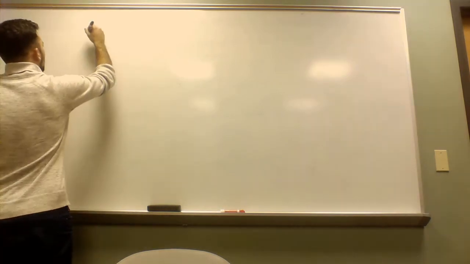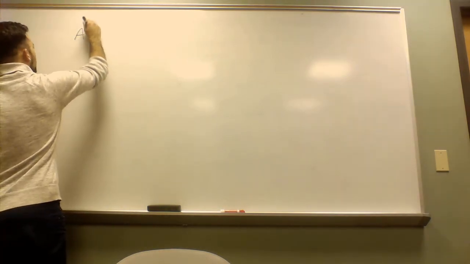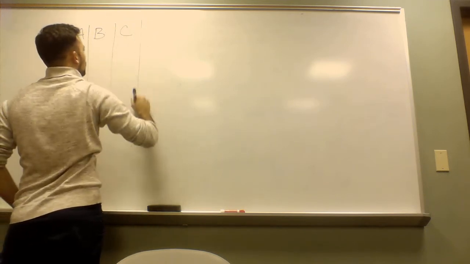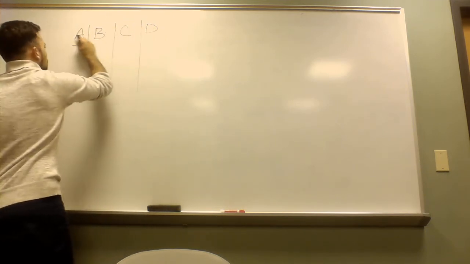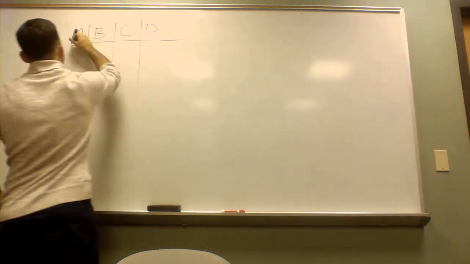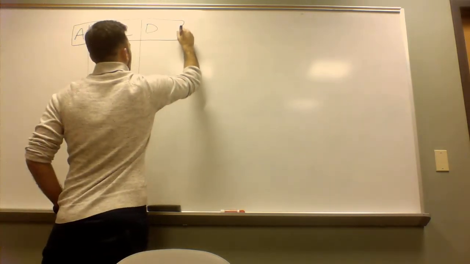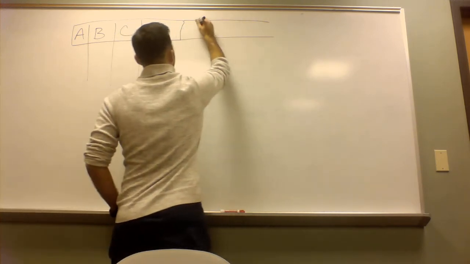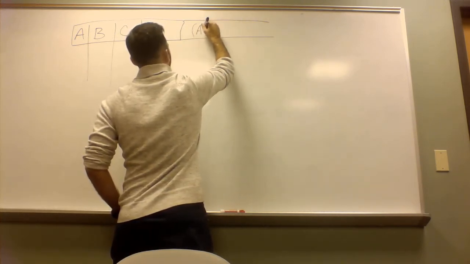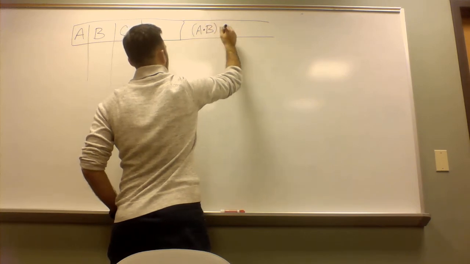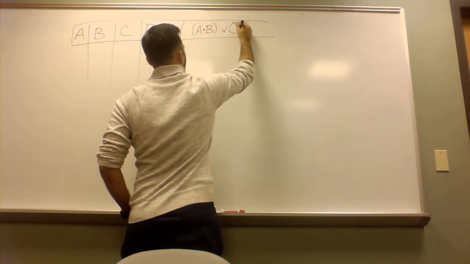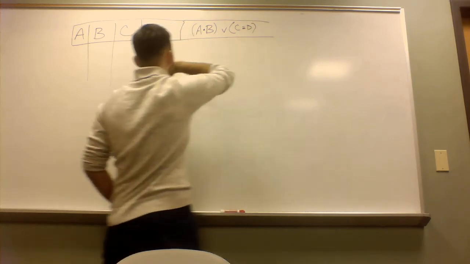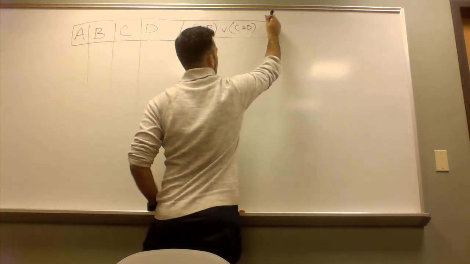But so we have our 4 propositional units, A, B, C, and D. And the statement that we have is A and B, or C is equivalent to D. Okay.